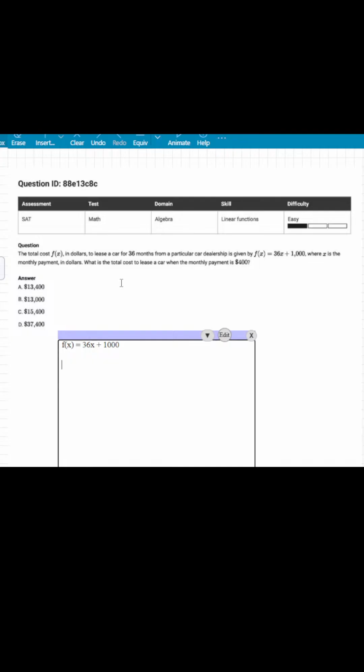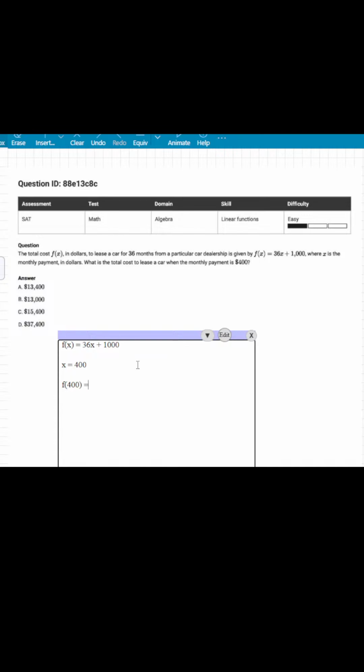So this is the total cost of car leasing for x monthly payment. So for this case the monthly payment is already given, that is the value of x, which is 400. So let us put that in the expression.